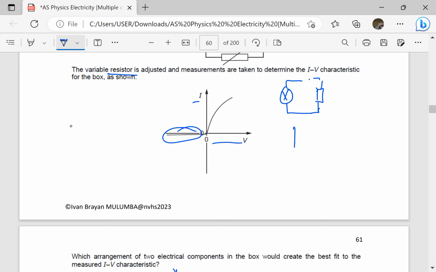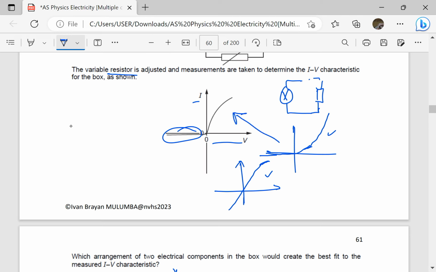Remember, for a semiconductor, the IV characteristic is supposed to be like this. And yet for a filament lamp, the IV characteristic is supposed to be like this. So if these two are put in series, that's when we shall have this as the resultant.